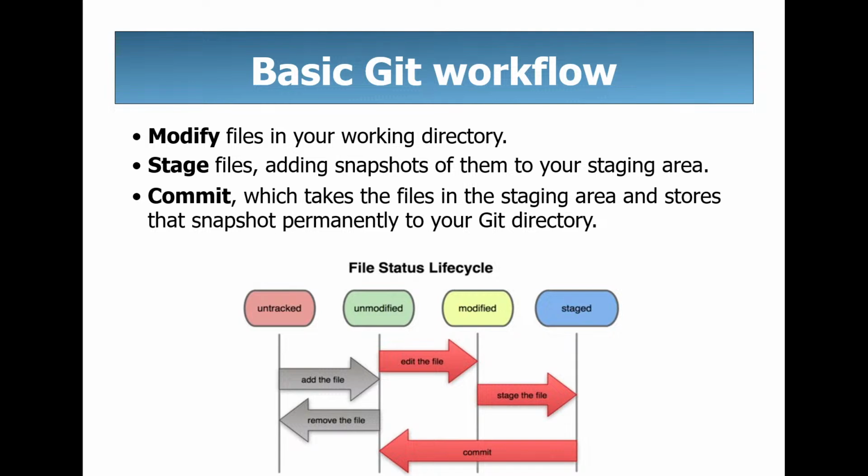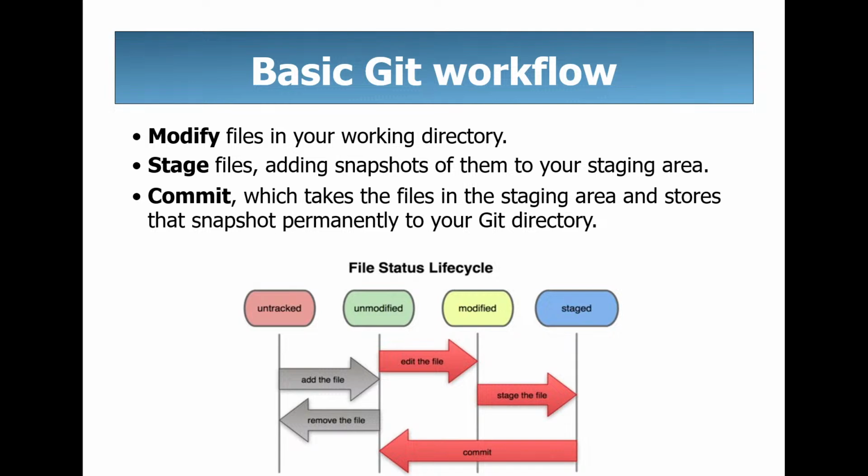Summary of the basic Git workflow: Clone, git clone repository URL. Second one, make changes, edit files in the working directory. Third one, check status, git status. Fourth one, stage changes, git add file.